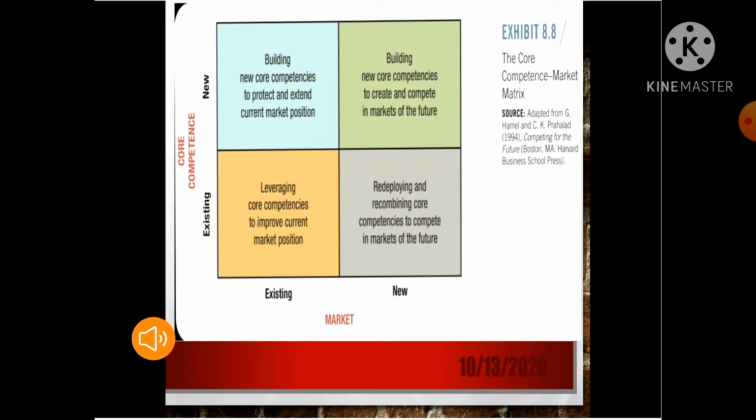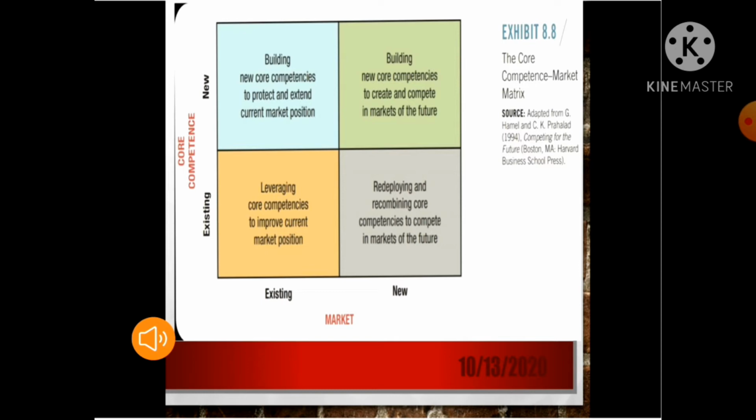In this illustration, the lower left quadrant combines existing core competencies with existing markets. Here, managers must come up with ideas of how to leverage existing core competencies to improve the firm's current market position.